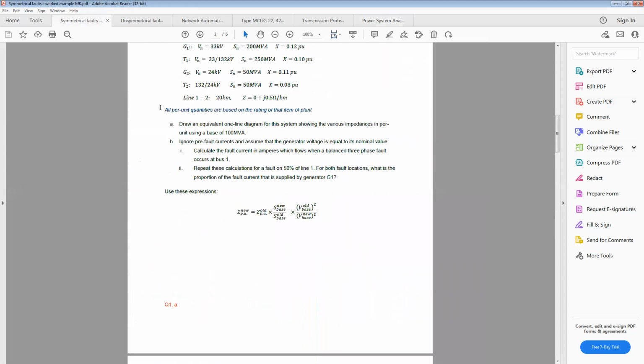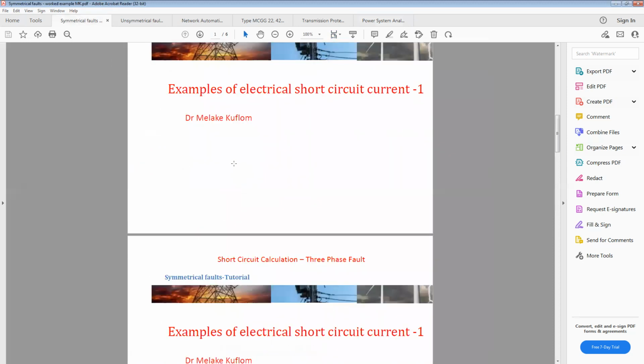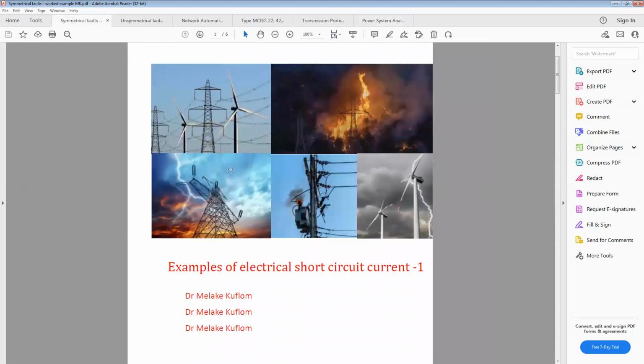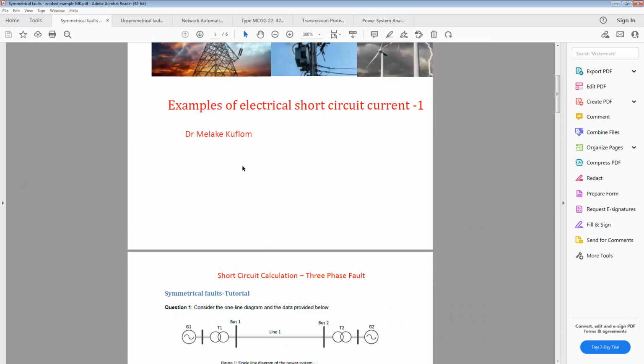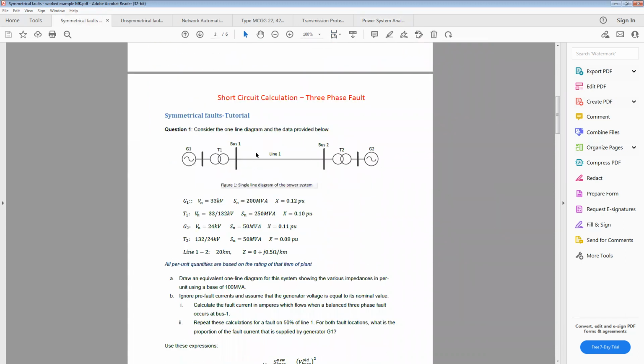If we look at the symmetrical fault examples, I'll be taking you through some transmission line or any line that is fed from two generators, G1, G2, and two transformers, T1, T2, and two bus bars, main bus bar 1, and bus 2.